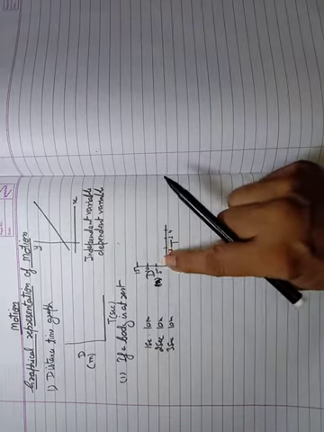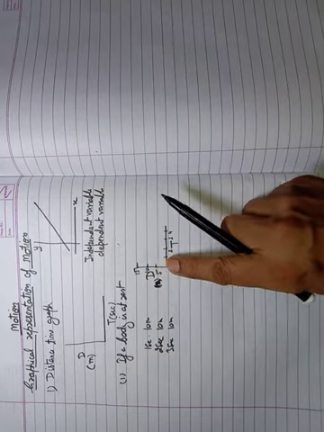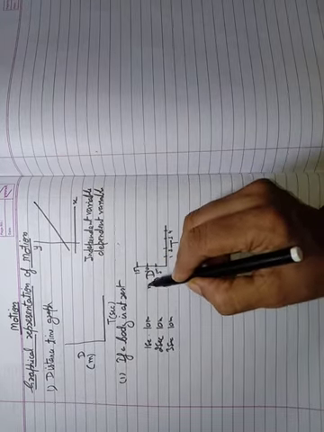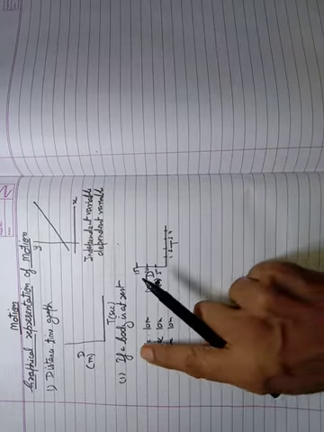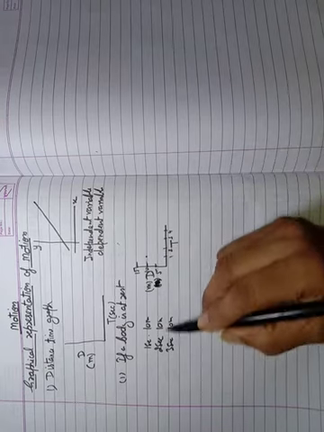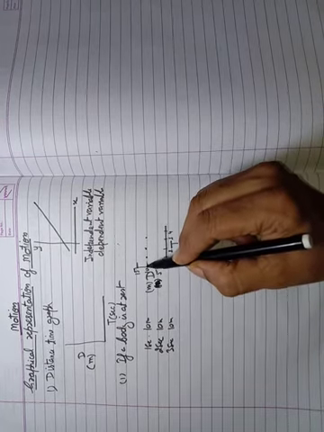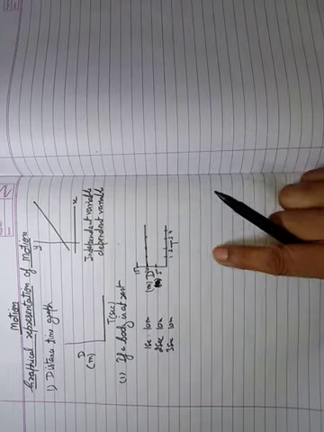We can use any scale, like here I am representing 1 centimeter with 5 meter. Now according to this situation, at 1 second you are at 10 meter, at 2 second you are at 10 meter, at 3 second you are at 10 meter. It means this type of graph will be like this.